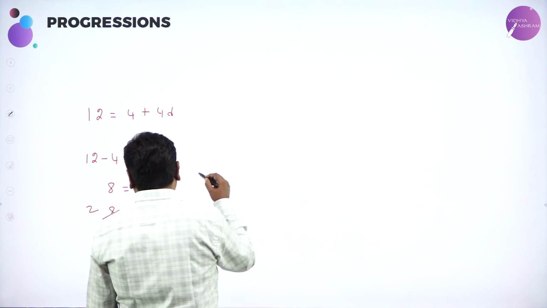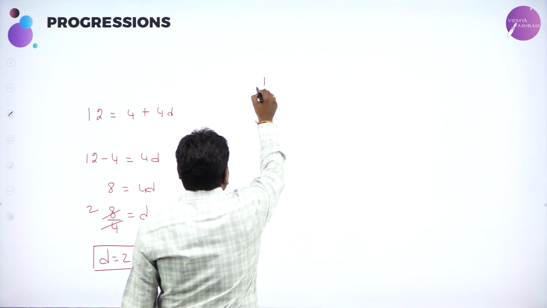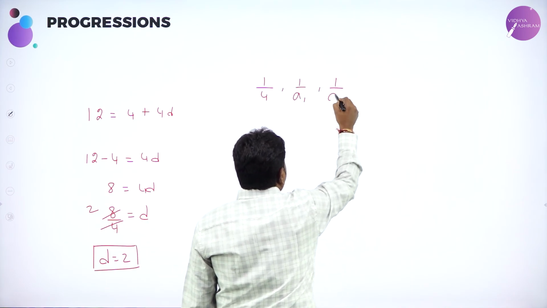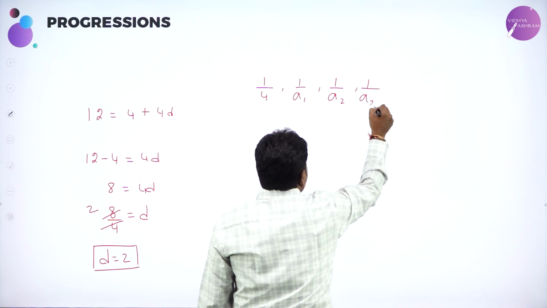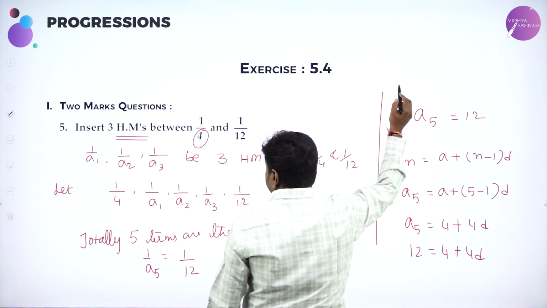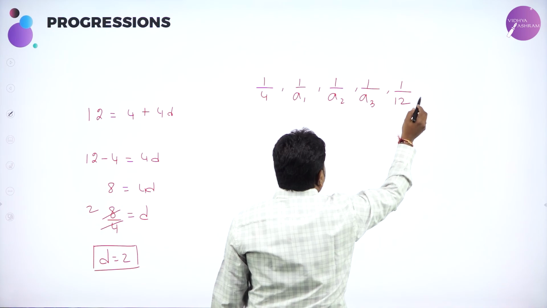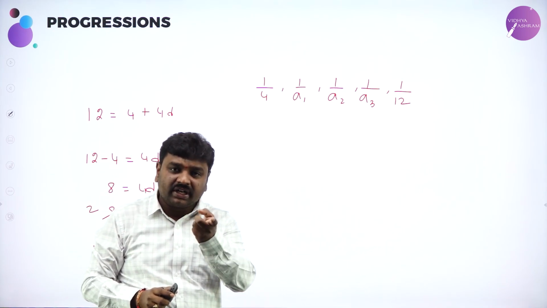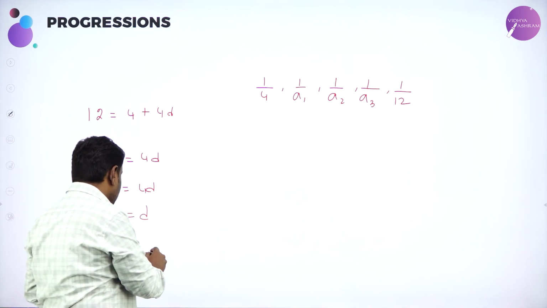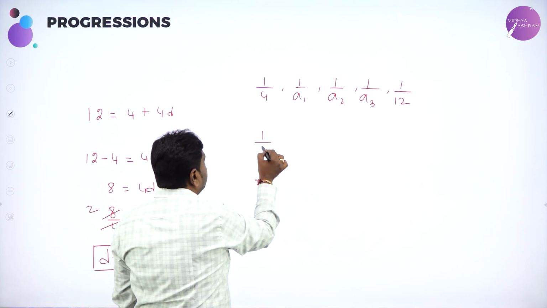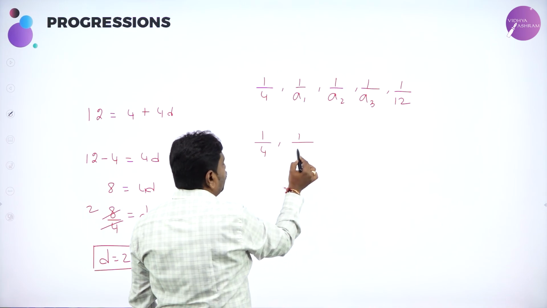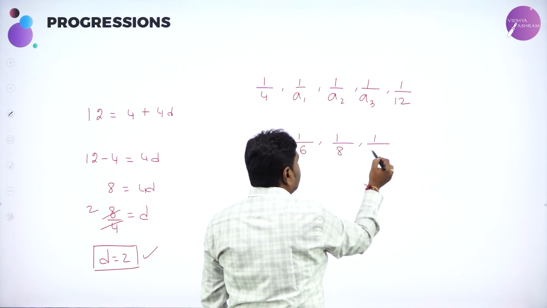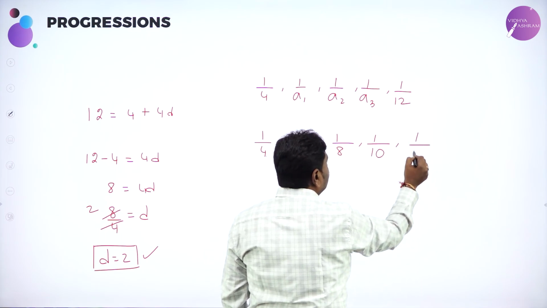Now we have to add the common difference to the denominators. What are the values we have taken? 1 by 4, 1 by a1, 1 by a2, 1 by a3, and the last term they have given, 1 by 12. For each term in the denominator, add the common difference 2. So 1 by 4 stays as it is. For denominator 4, add 2, you get 6. For 6 add 2, 8. For 8 add 2, 10. For 10 add 2, you get 12, the last term.